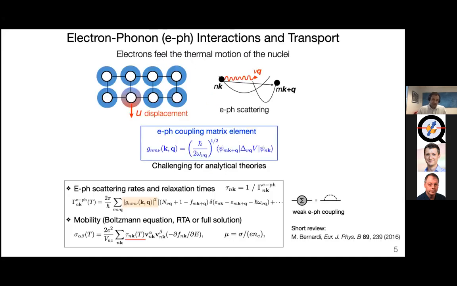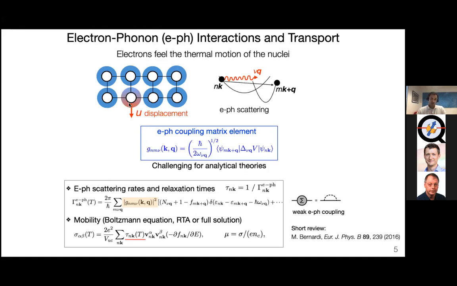Now, a key advance for these studies is the ability to accurately compute the interaction between electrons and atomic vibrations, phonons. These electron-phonon interactions control transport near room temperature and over a wide temperature range.